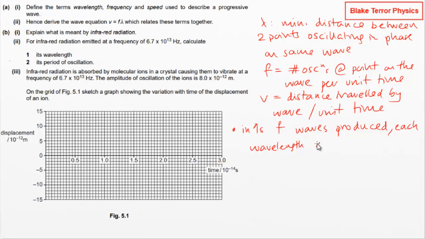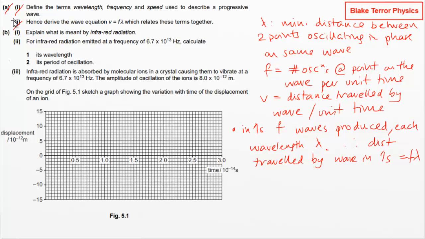So therefore, the distance traveled by the wave in 1 second equals F times lambda. Cool. So providing you've got something along that line, then you'll be all right. It always seems, as I say, like you're writing out the blatantly obvious when you're dealing with that.